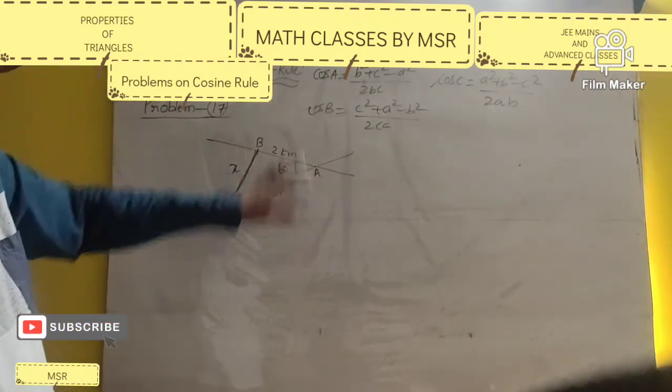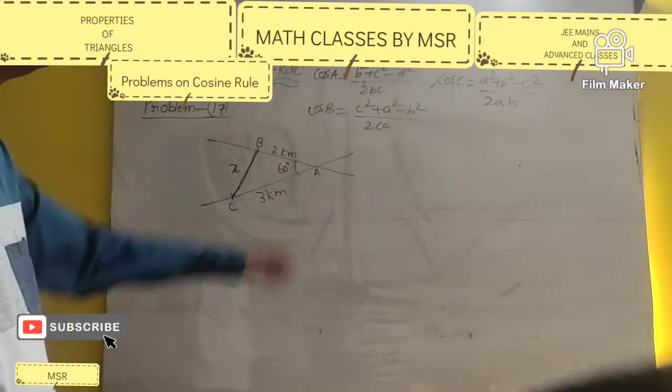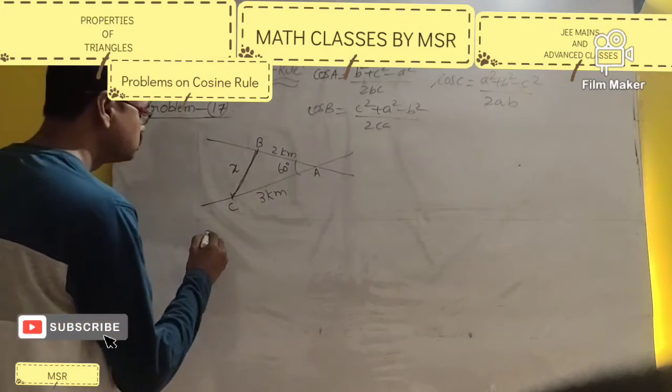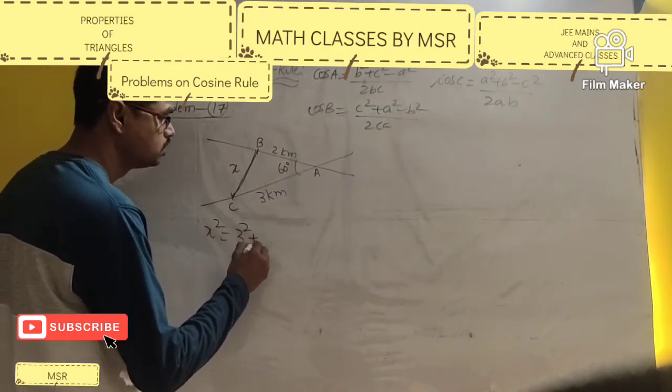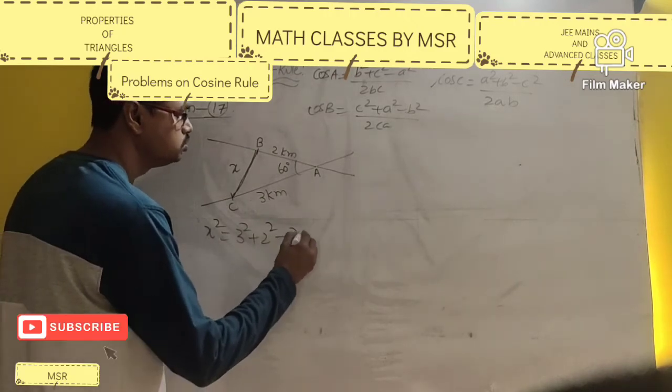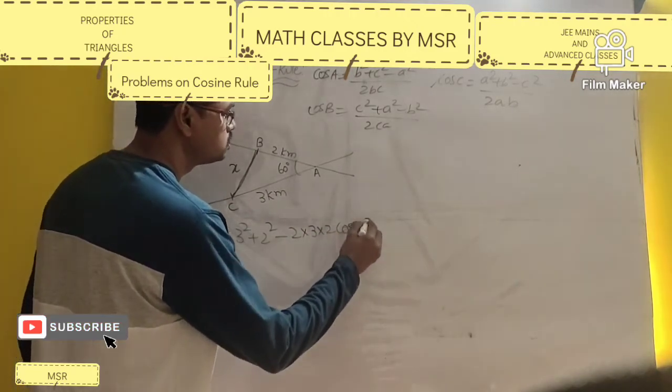Now in this triangle ABC, apply the cosine rule. That is, x square equals 3 square plus 2 square minus 2 into 3 into 2 into cos 60 degrees.